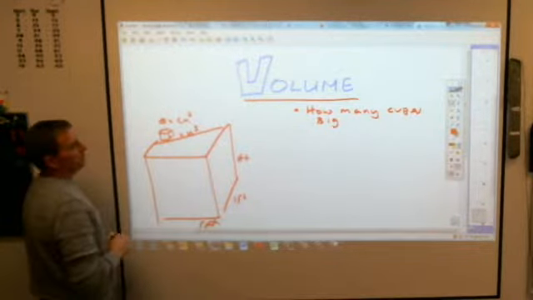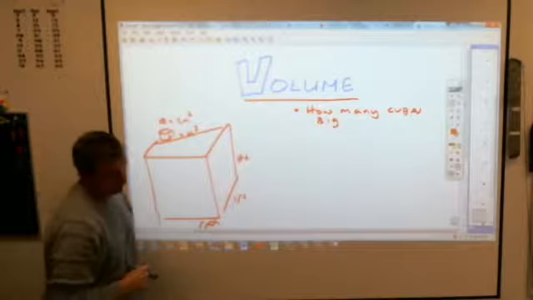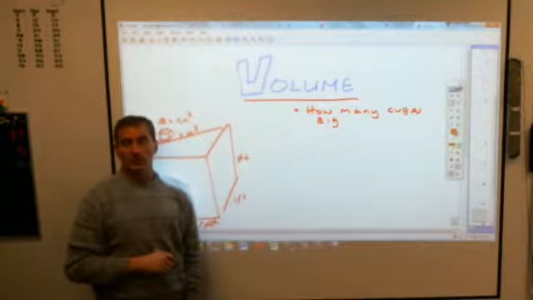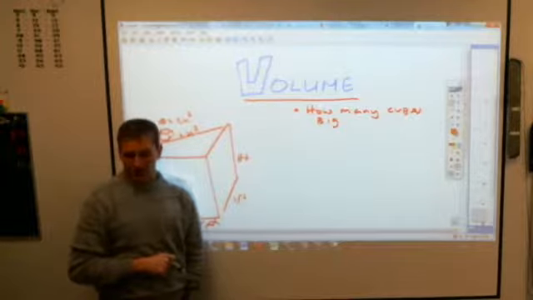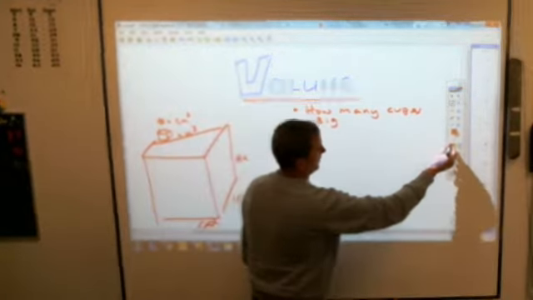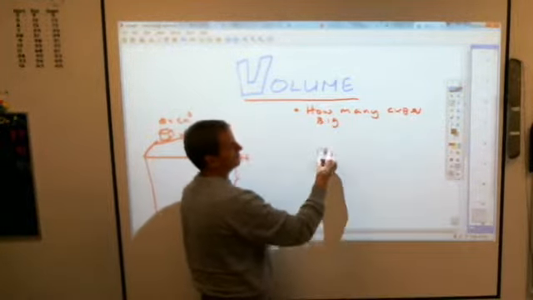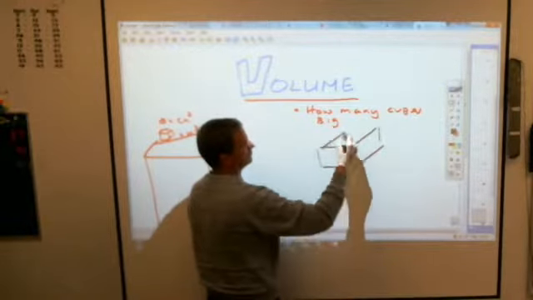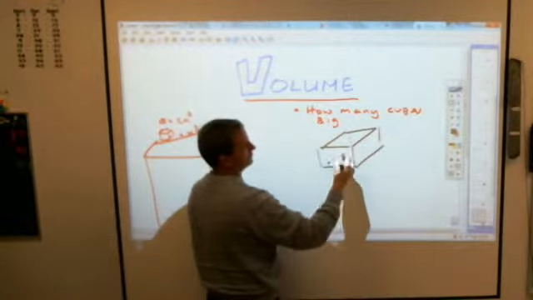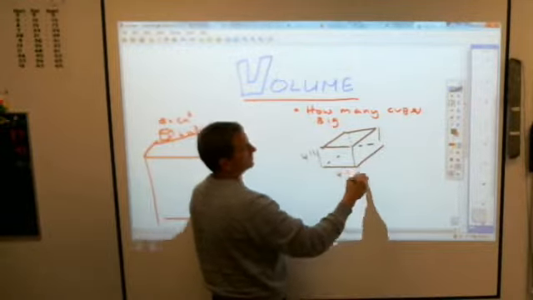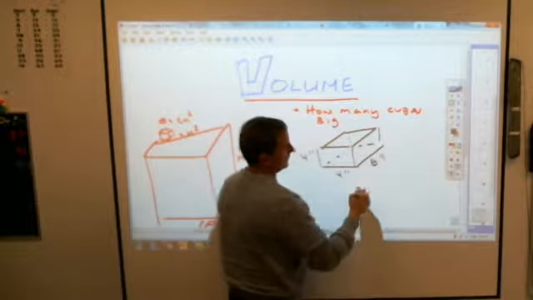Now, up until this point, ladies and gentlemen, how have you found volume? Clausing? Volume is found by doing what? Let me give you an example. You've got this shoebox, and it is 4 inches by 4 inches by 8 inches.